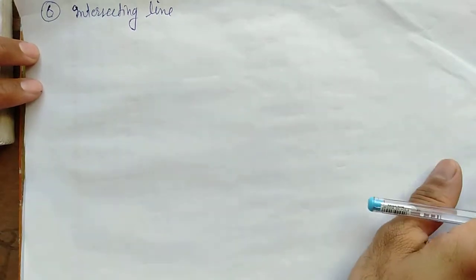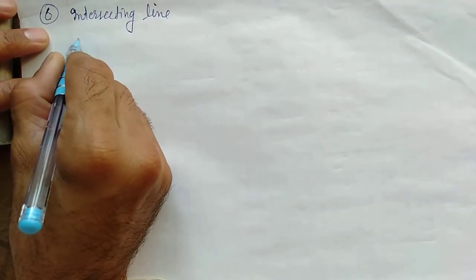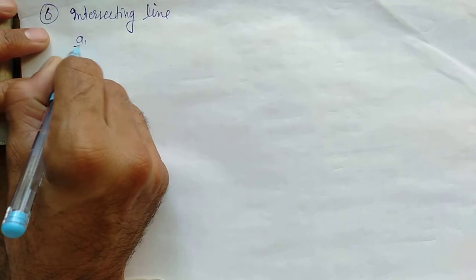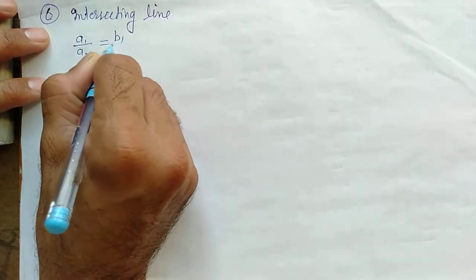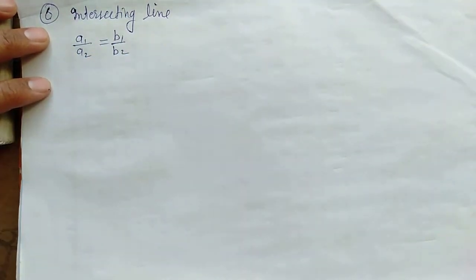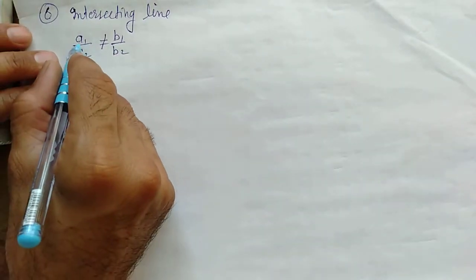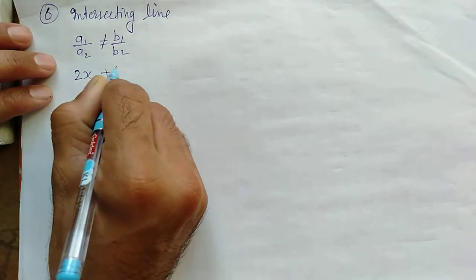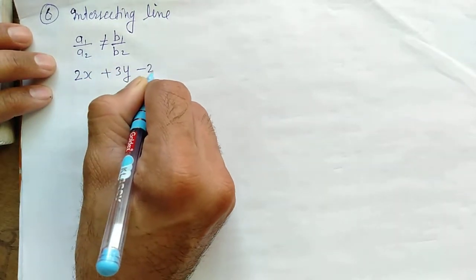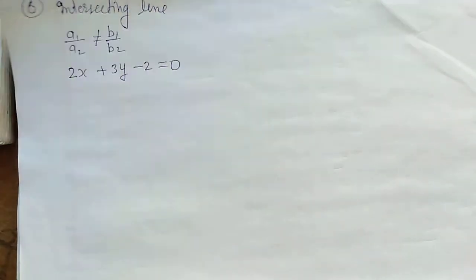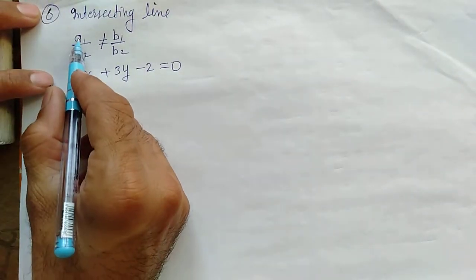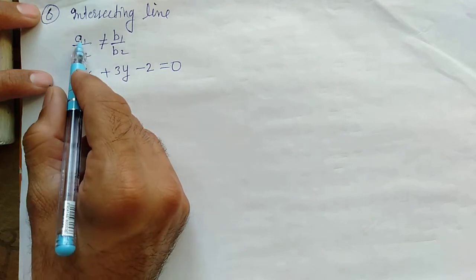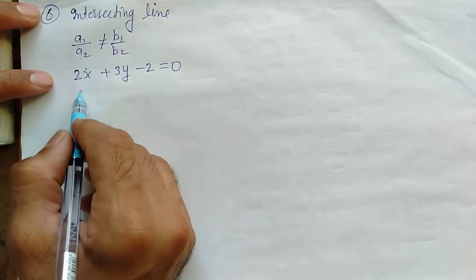How to write? As we know, in an intersecting line, a1 upon a2 is not equal to b1 upon b2, right? So a1 upon a2 should not be equal to b1 upon b2. Intersecting line. So take anything in two equations. Suppose I am writing here 2x plus 3y minus 2 equals 0. Now in the other equation, the coefficients of x and y, their ratio should not be equal.